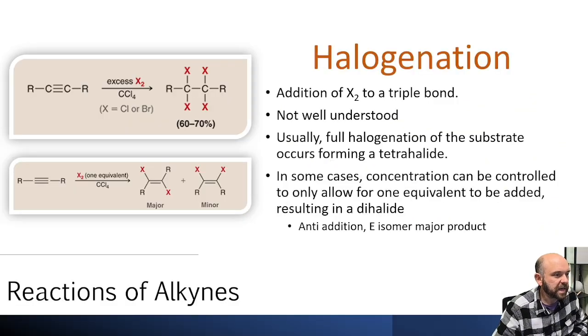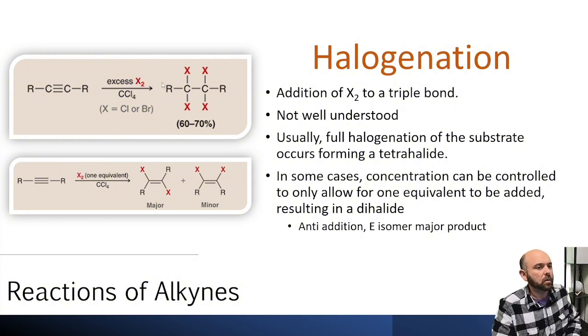Another reaction that alkynes can undergo is halogenation. If you treat an alkyne with Cl2, Br2 in a solvent like carbon tetrachloride, that's the solvent here in this part of the reaction. We dissolve our alkyne in some carbon tetrachloride and then bubble some bromine or chlorine gas through that solution. We get tetra-substituted haloalkanes.